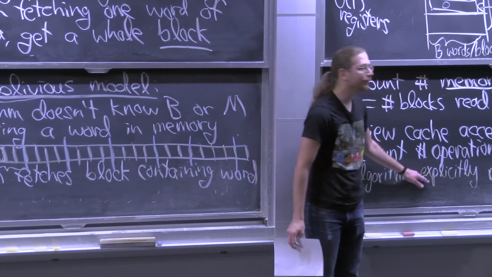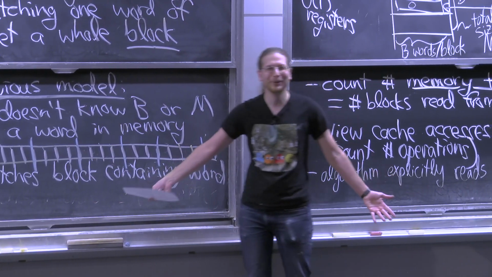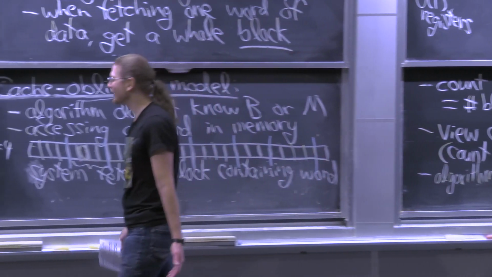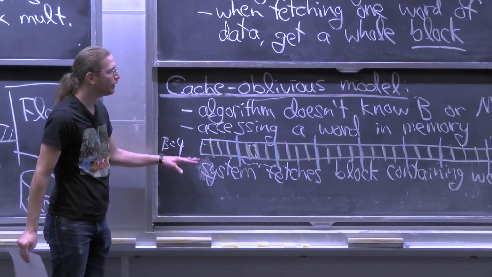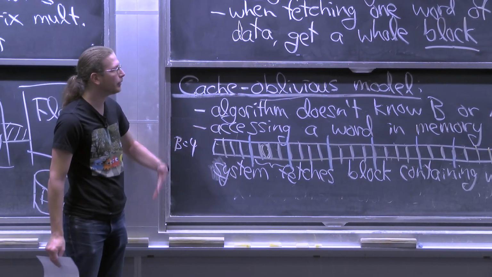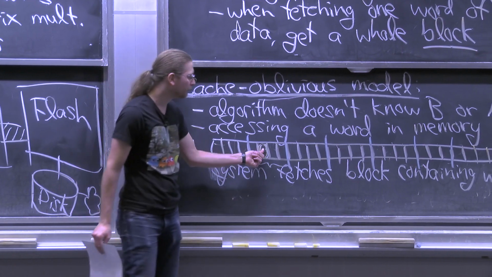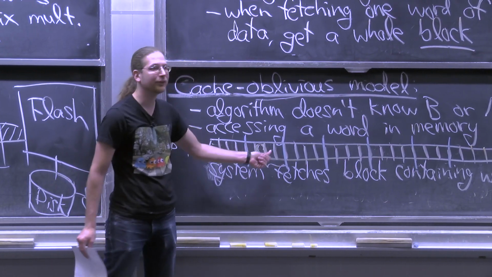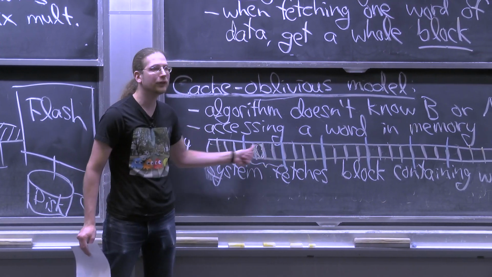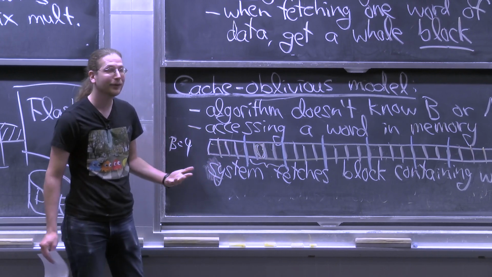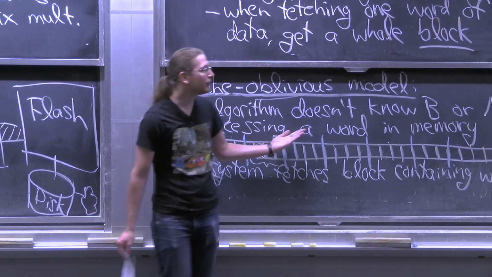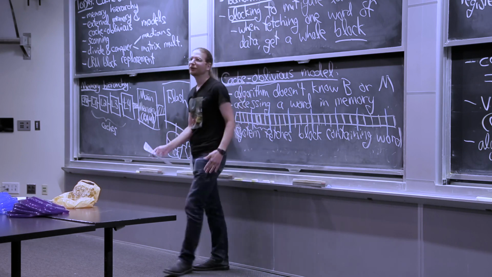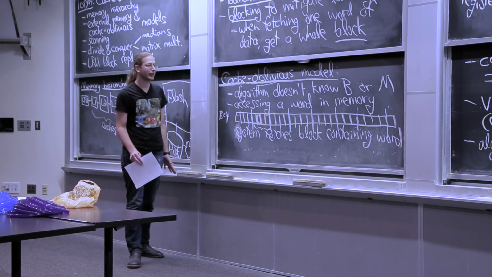We can't explicitly read and write blocks in this model because we don't know how big the blocks are. So we couldn't even name them. But internally, on the real system and in your analysis, you're going to think of whenever you touch something, you actually get all of this into the cache. So you hope that you will use things nearby because you've already read them in. Ideally, they're useful. But you don't know how many you've read in. You've read in B, and you don't know what B is. The algorithm doesn't know.